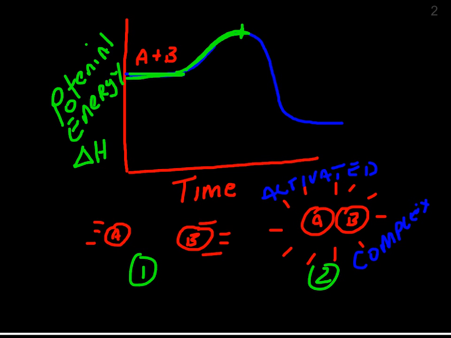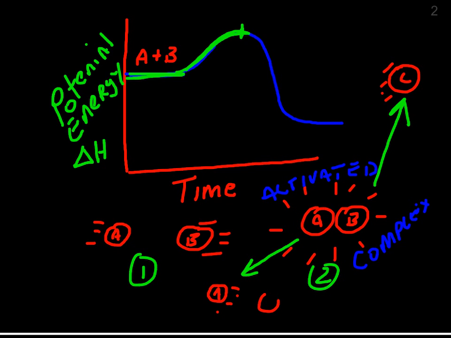Either the collision is successful, and I now end up with this new product C that goes speeding off in its direction somewhere, or for some reason the collision wasn't vigorous enough, I guess. So A recoils off, goes its merry way, and B goes its merry way as if nothing happened. So I'm kind of right back down here on this line.